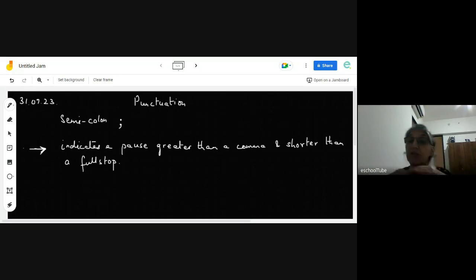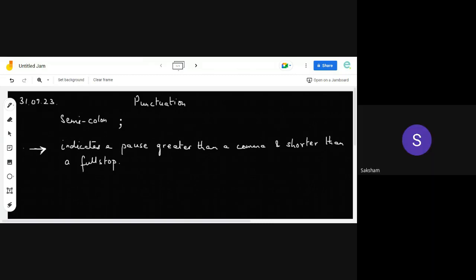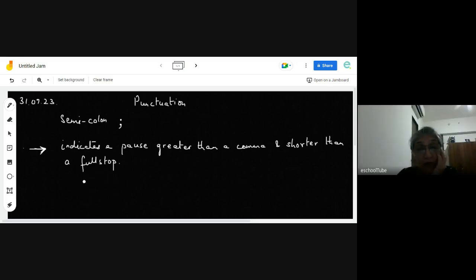And when do we use it? Yes, Saksham, tell me. Ma'am, we use it to separate the sentences. To join two sentences, to combine sentences, not separate. There are two sentences which we want to join. Now, another way of joining the sentences is using a conjunction, right?